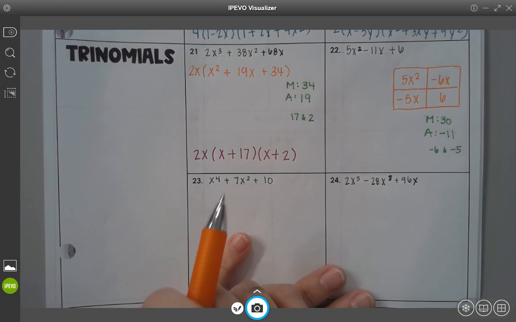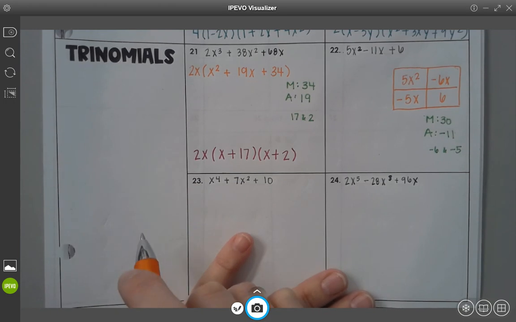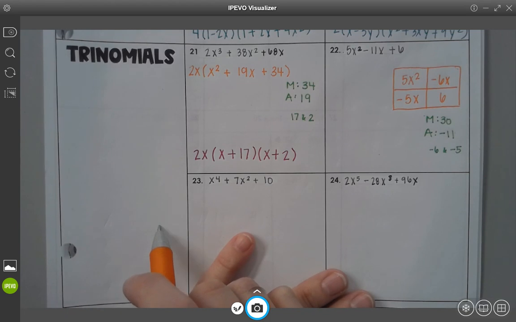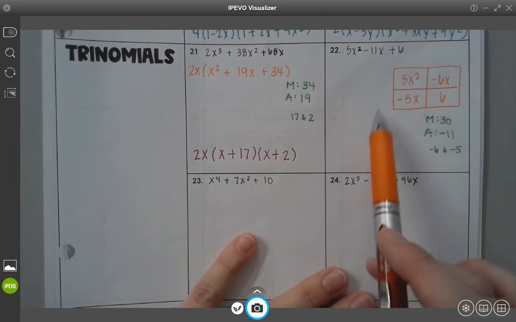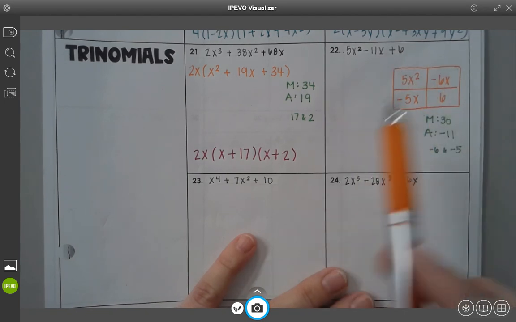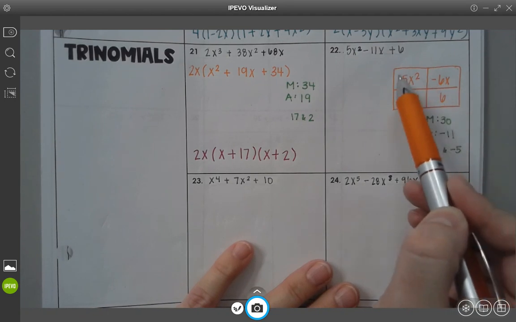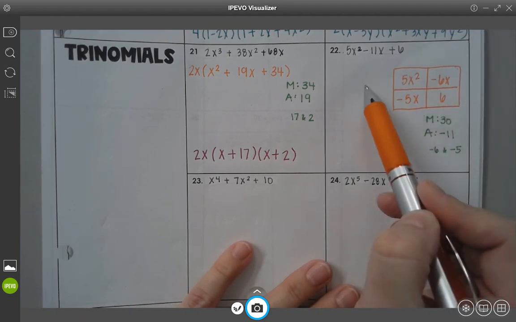And then what do I do? I come up with a GCF. Remember, I write the GCF out of these boxes. So the GCF of this row, I'm going to write here.